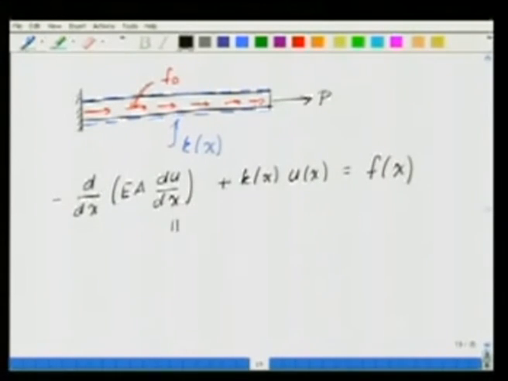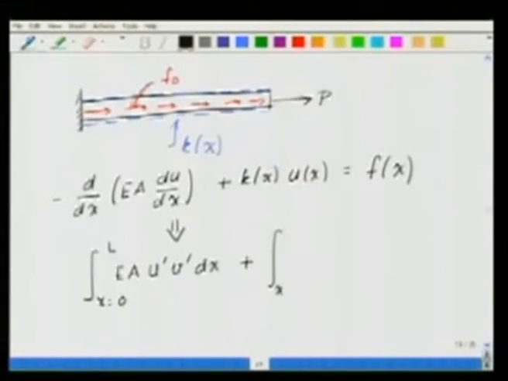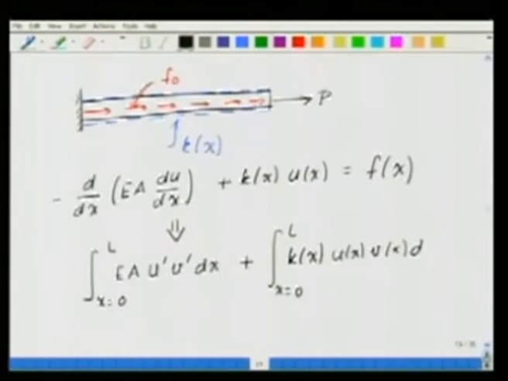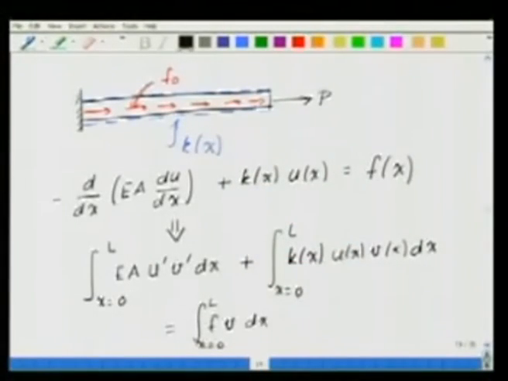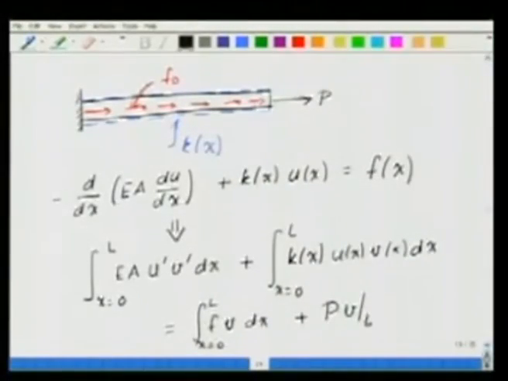So the weak form for this problem will be the integral from x equals 0 to L of EA, again by doing integration by parts, u prime v prime dx, plus the integral from x equals 0 to L of k(x) u(x) v(x) dx, equal to the integral from 0 to L of f v dx plus P v at L. So this is going to be the weak form of the problem at hand.